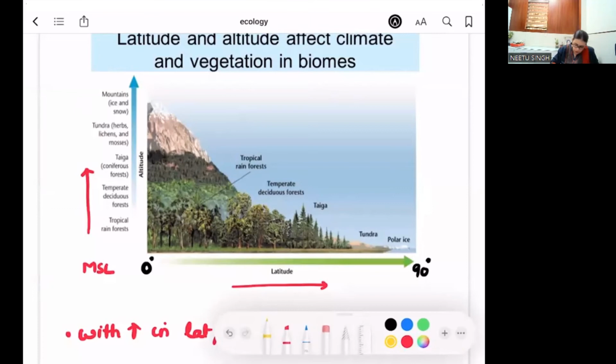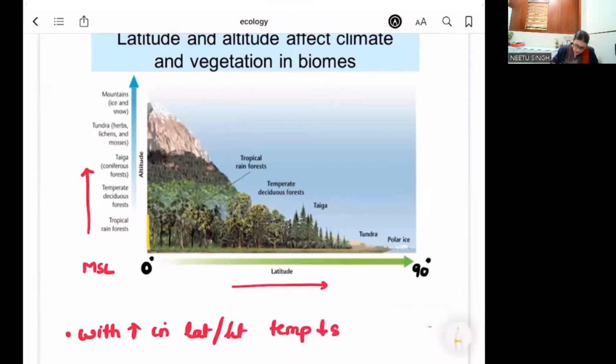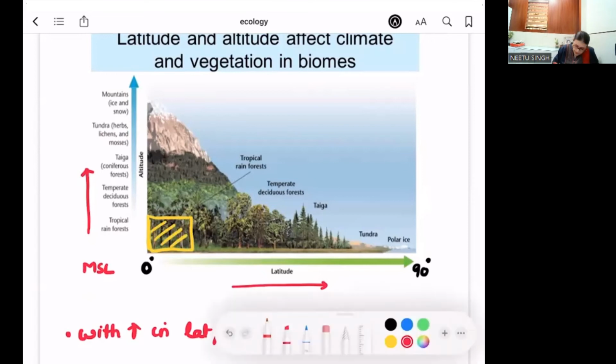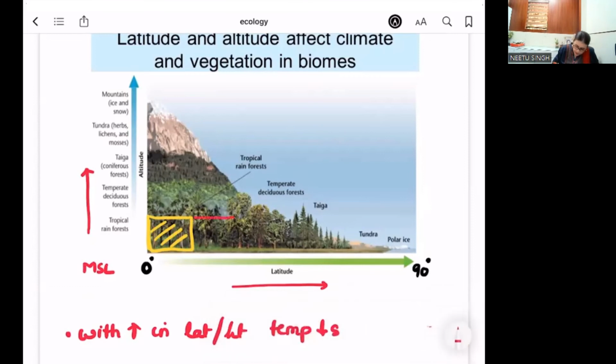If I am tropical rainforest right here, number one, I am at lower latitude, and number two, I am at lower altitude. If in comparison I am temperate deciduous forest, this is my shade for temperate deciduous forest, and applying the same in height, I change the color.